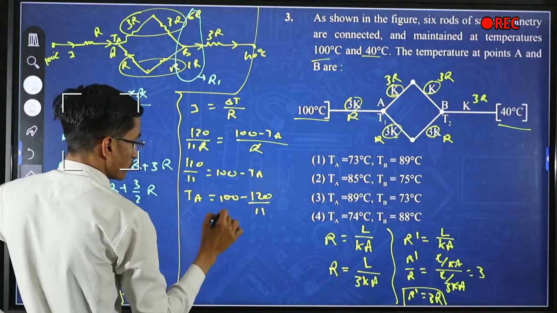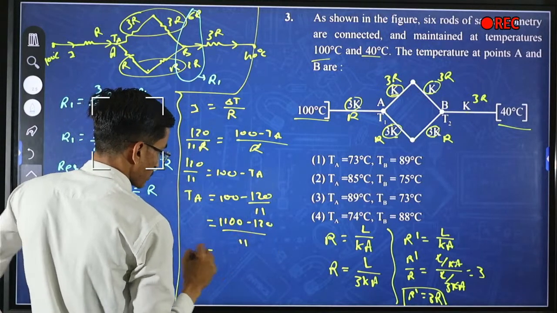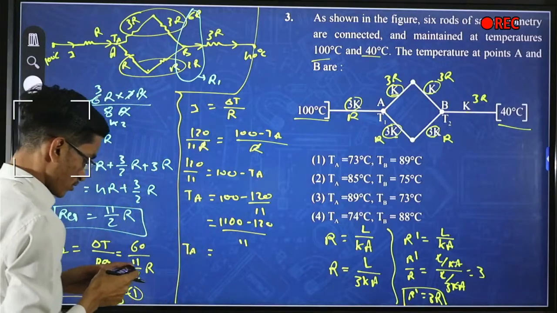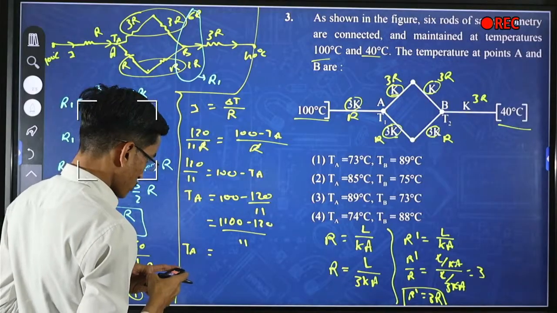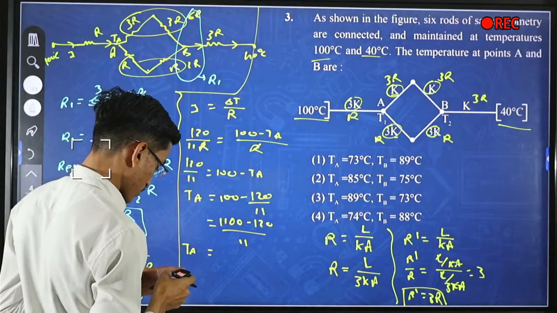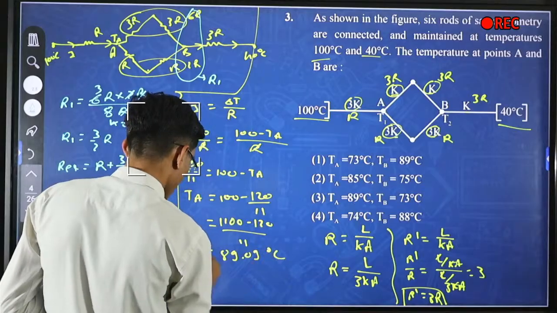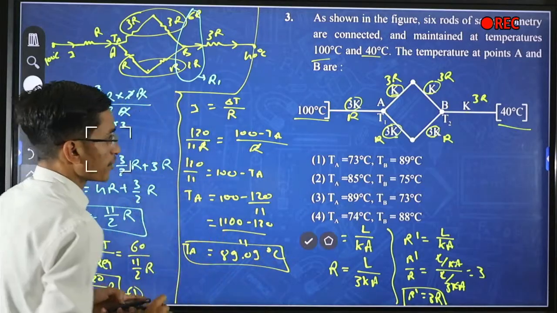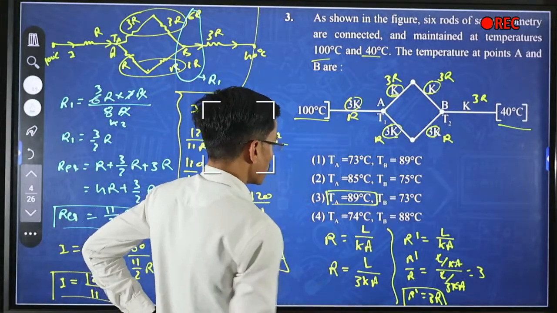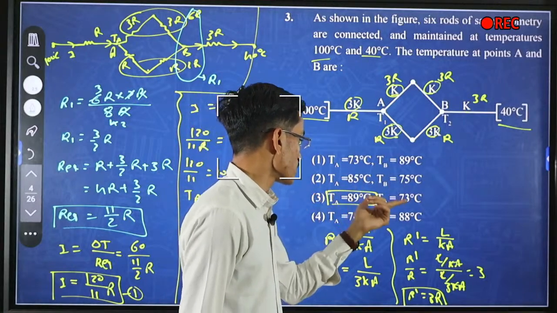For calculation, let us use a calculator. 120 divided by 11 gives 89.09 degrees Celsius. So the temperature at point A is 89 degrees Celsius. From the options we got the answer.